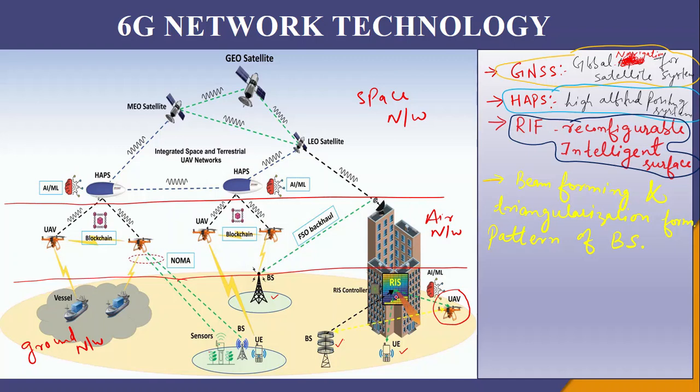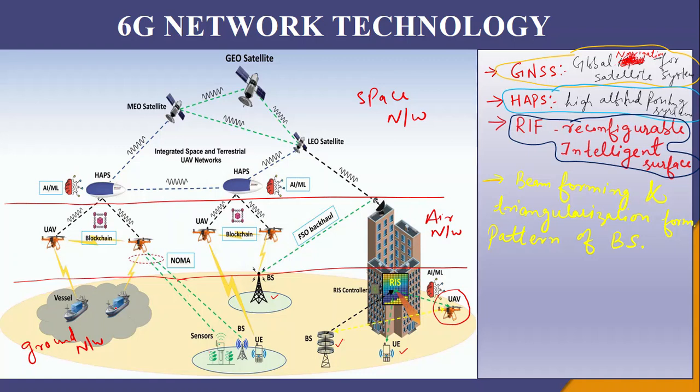On this surface there are multiple sensors that give data about our environment. With the help of this RIS controller, it gives information like road traffic, and tries to reduce the road traffic with the help of this 6G network communication system.